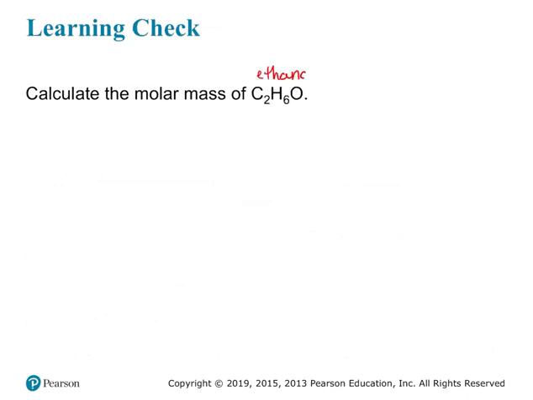And last time we talked about how ethanol is found in alcoholic beverages, but sometimes they can be composed of methanol, which is toxic to our systems. So if you want to pause the video and calculate the molar mass of ethanol, feel free, and then when you unpause, we'll go over it together.